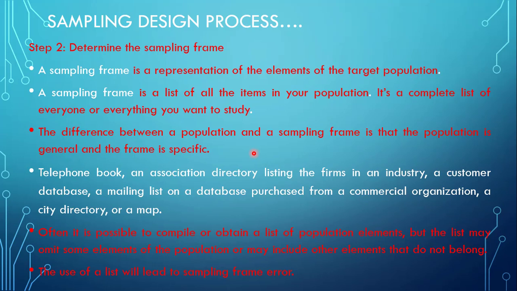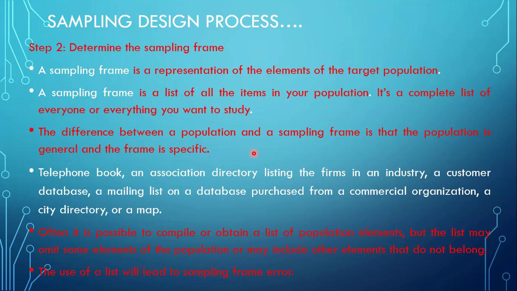The lists might contain elements that should not be included, or you might even omit some elements from the list, so you will encounter sampling frame errors. So this is the second step.